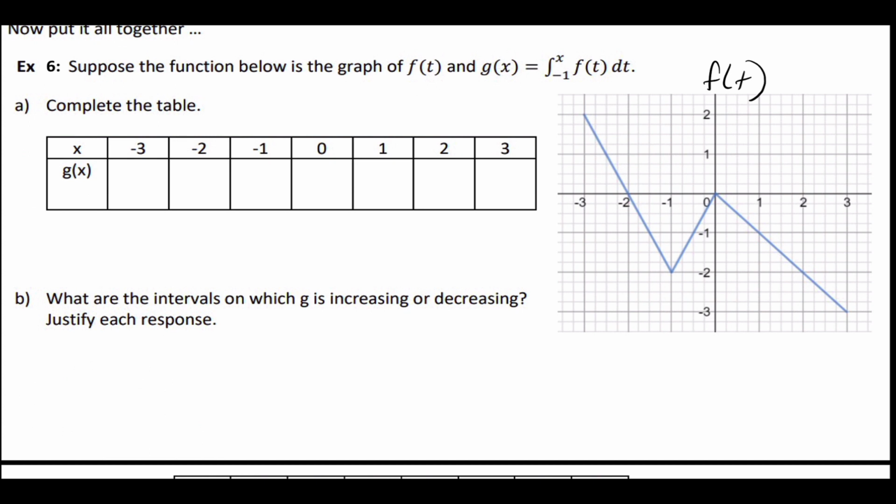I'll let you guys do the table in a second here, but I'll get you started. Let's try g of -3 first. So g of -3 equals, up here it says -1's on the bottom, so -3 is on top, f of t dt.